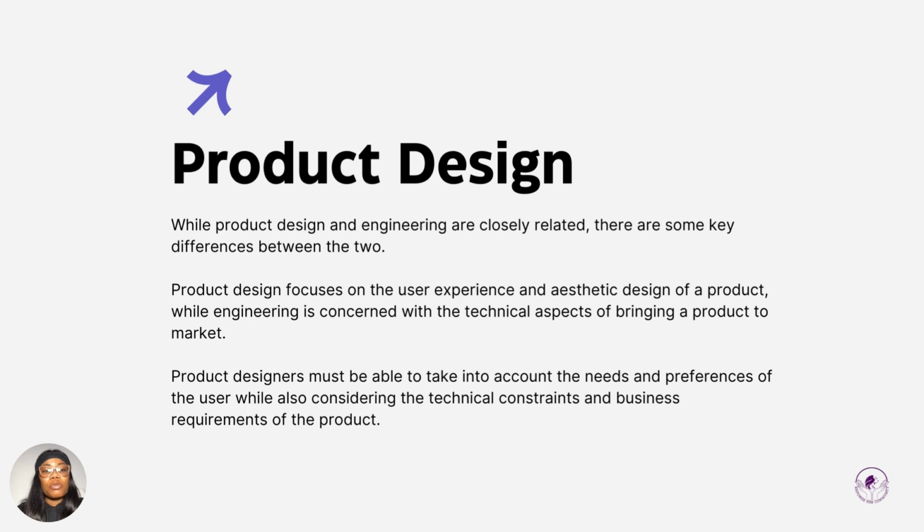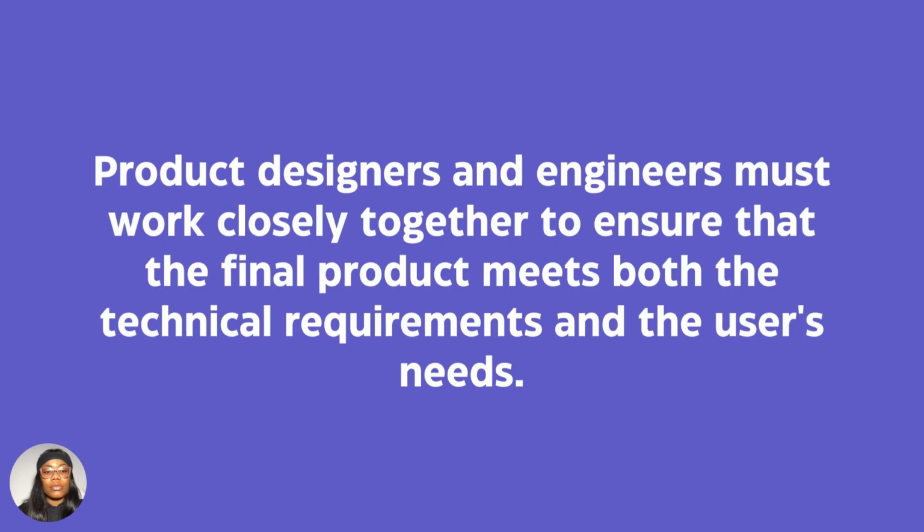Product designers must be able to take into account the needs and preferences of the user, while also considering the technical constraints and business requirements of the product. We've spoken about this before in the previous slides, but the difference now is that product design is what we've been talking about, and the engineering aspect is the technical aspect of it, which is the development aspect. This is just to bring you up to speed to understand the difference between product designers and engineers, but we are talking extensively about product designers.